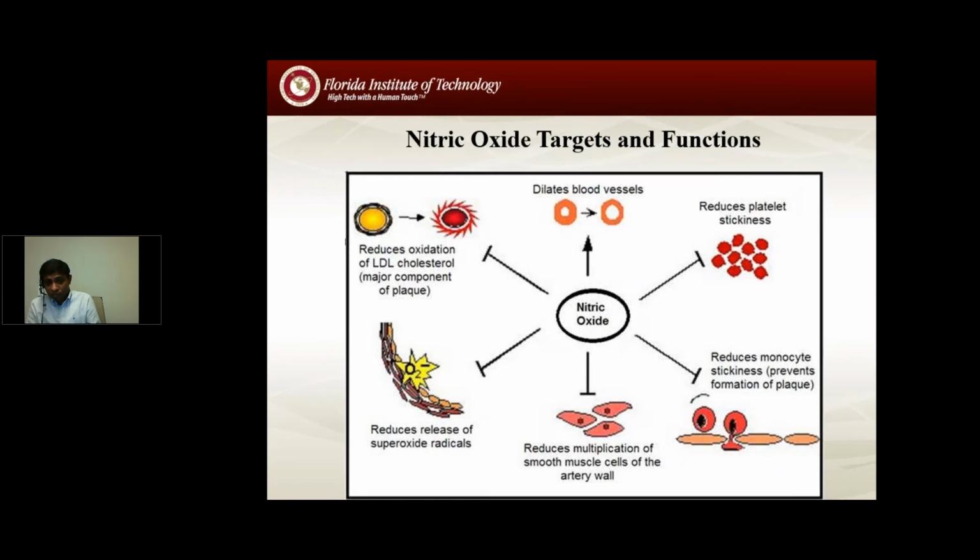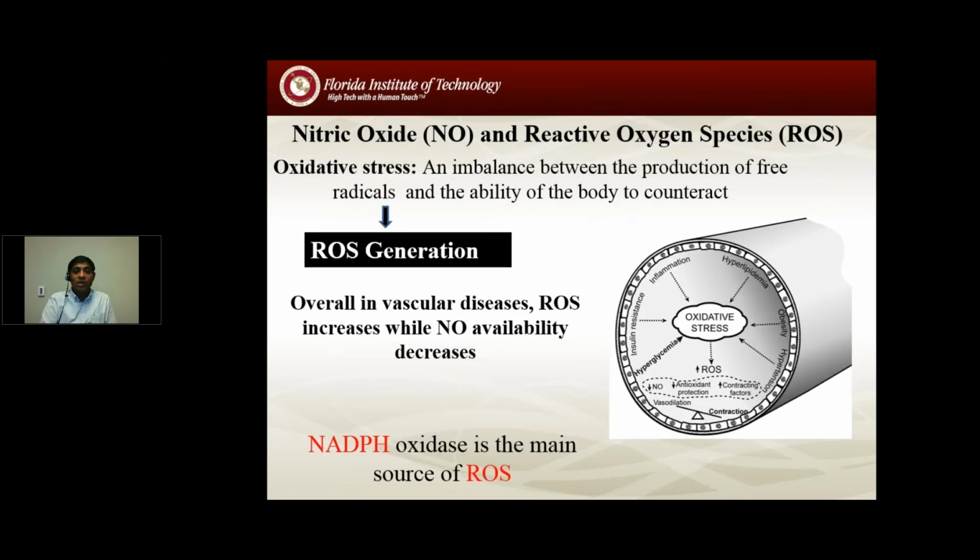Because nitric oxide is a powerful indicator of healthy cardiovascular functionality, because it dilates the blood vessels and reduces the release of superoxide radicals, which reduce your cardiovascular functionality. So you want to maintain the nitric oxide level in your body.